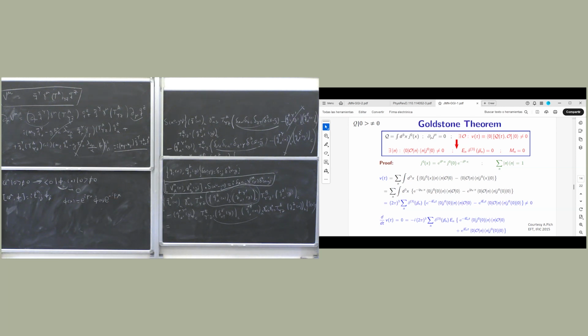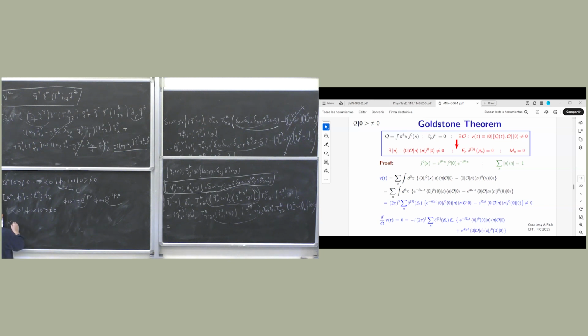And because the momentum annihilates the vacuum, there is nothing with the translations, so this statement is equivalent to saying that this matrix element is not 0. This acts on the vacuum, this acts on the vacuum, and you get 1. No problem.